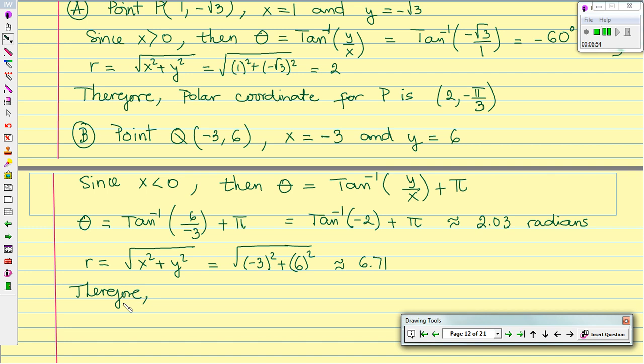Therefore, the polar coordinates for the point Q is (6.71, 2.03).